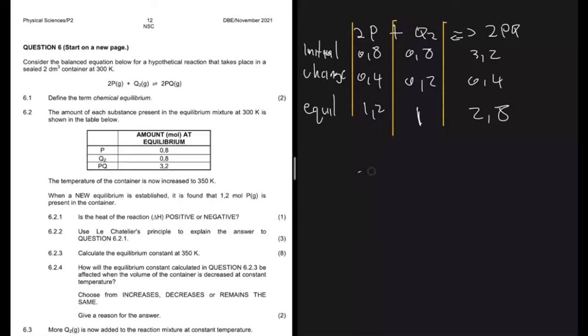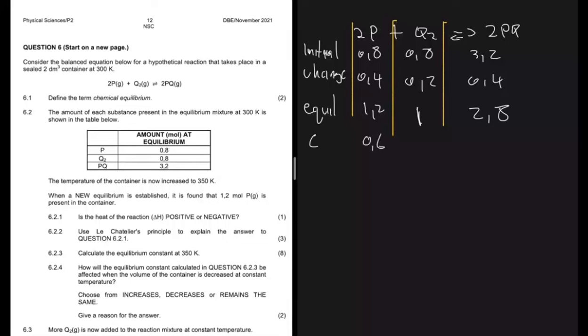So when we get to this step, all we are left to do is to find the concentration, and then we can substitute it in our equation. We have already established that our volume is 2 decimeter cube. So for 2P, we're going to say 1.2 divided by 2, that will give us 0.6.